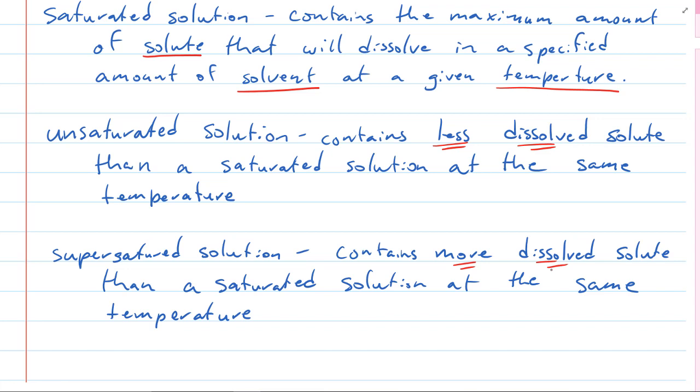All right, I'm going to take this one little crystal and add it to the sodium acetate solution, and we're going to watch what happens. Now, what do you think is going to happen? This is supersaturated, which again is one that contains more solute than a saturated solution at the same temperature. Well, let's take a look. We'll drop it in. Oh, there must have been two on there.